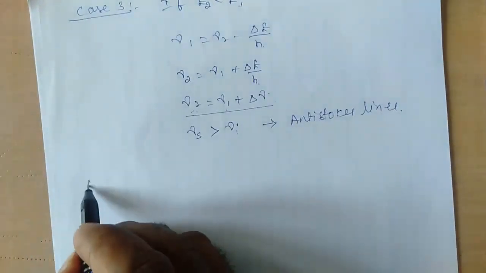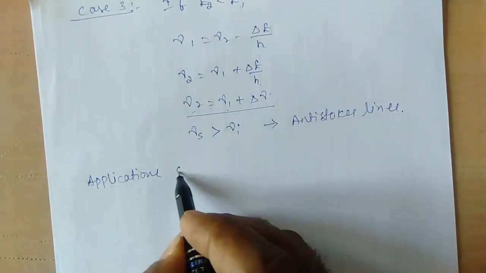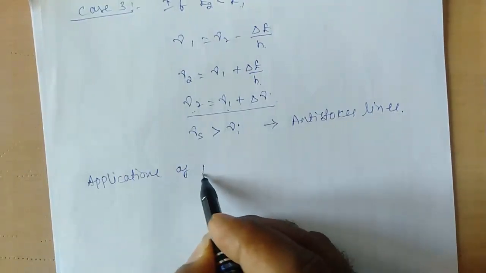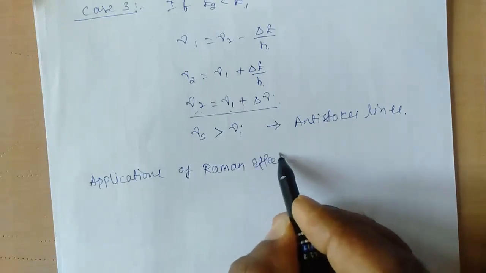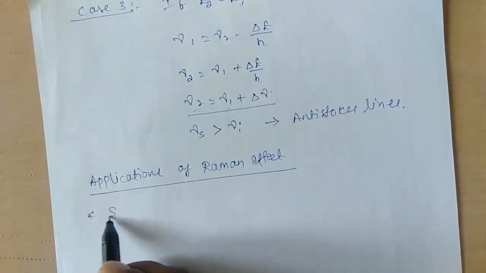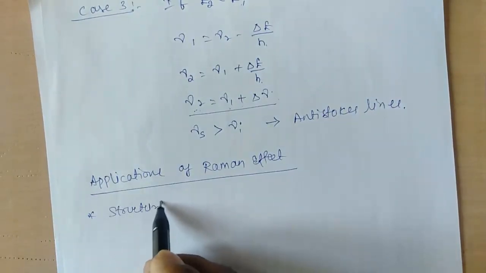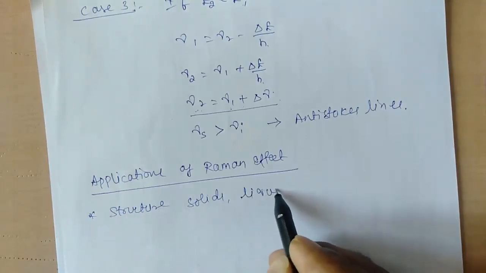Now let us see the applications of Raman effect. So where is this helpful for us? So Raman effect is used to study the structure of solids, liquids and gases.